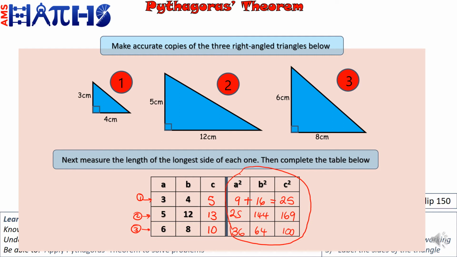If I add 25 and 144, I'll get 169. And if I add 36 and 64, I'll get 100. And this is the basis of our Pythagoras' theorem. What it says to us, if you notice, A and B are the two shorter sides, and then C in this column were the hypotenuse that you have measured.